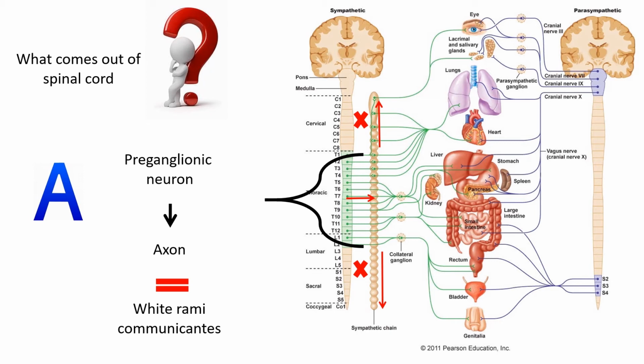The answer is yes. From T1 to L2 directly, but from the cervical region and the lower lumbar and sacral, they receive it indirectly from upper or from lower ganglia.